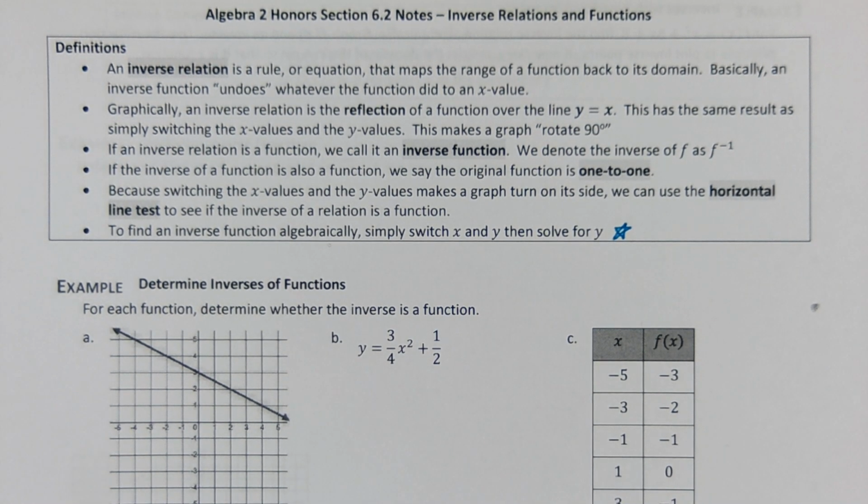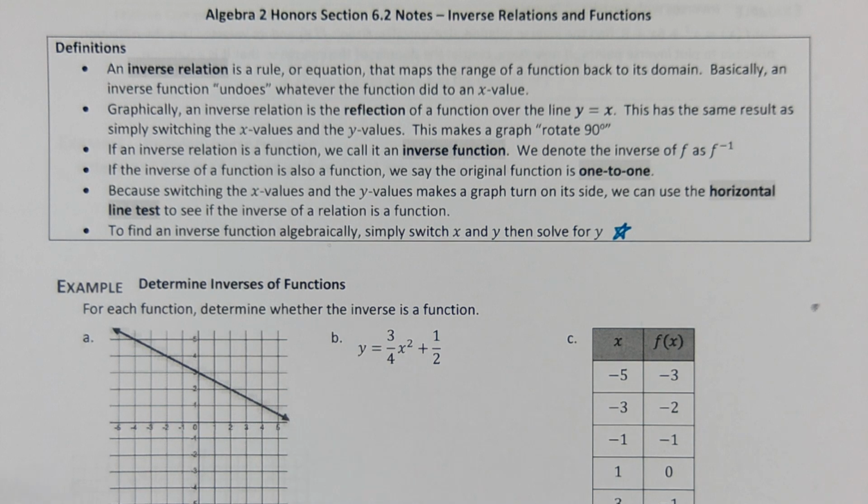First of all, the word relation, I should probably define that. What is a relation? A relation is any equation that has x's and y's in it. You're literally relating x's and y's. An inverse relation is a rule or an equation that maps the range of a function back to its domain.